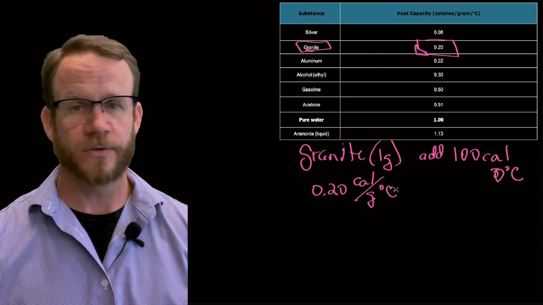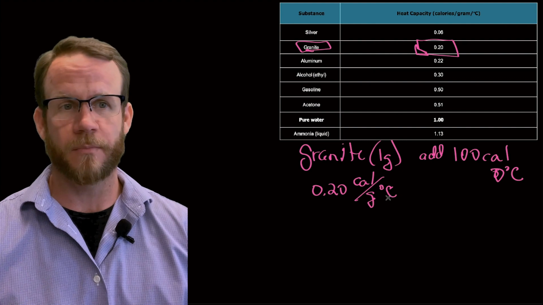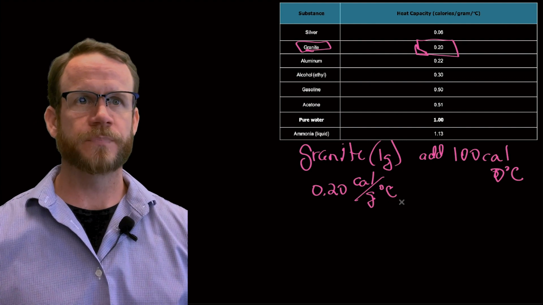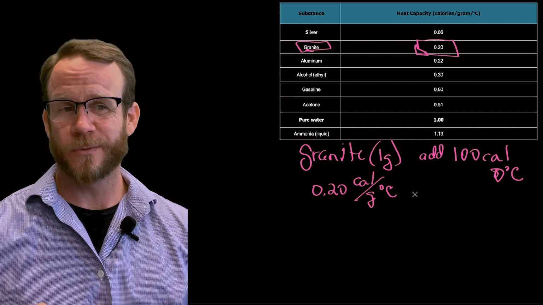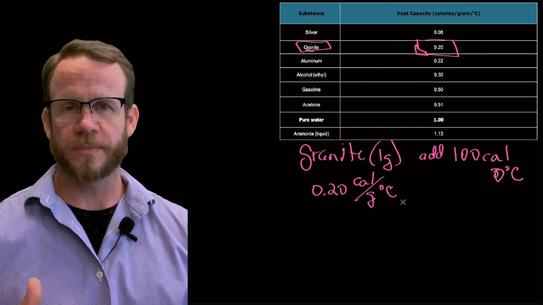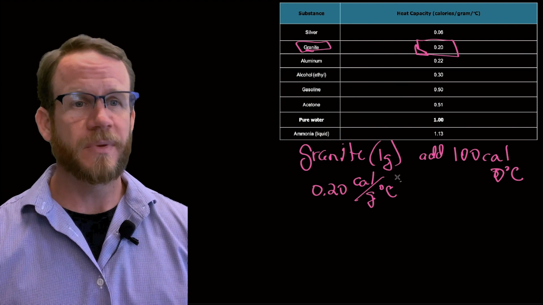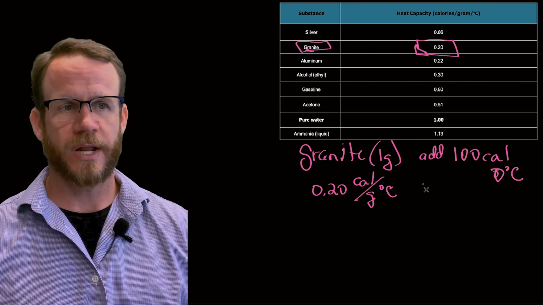Always, always write down the units. I guarantee you, just writing them down is at least one of those points, if not more, in each of these problems. And actually, they're incredibly important. This first problem that you guys have is fairly simple, but it's a really good way to show you why units are so important, because it will help you know whether or not you got the right answer. It's almost like cheating. Anyhow, I'm going to take this and add 100 calories and see what happens.